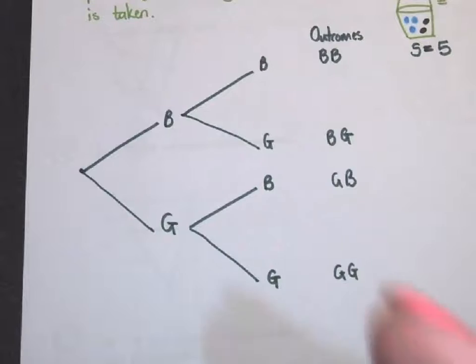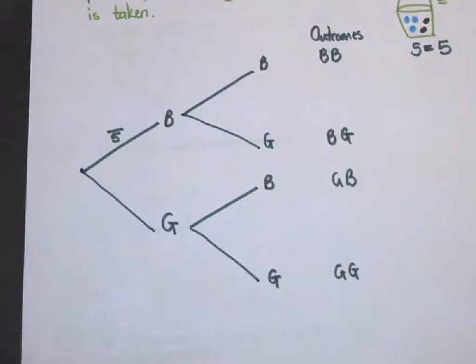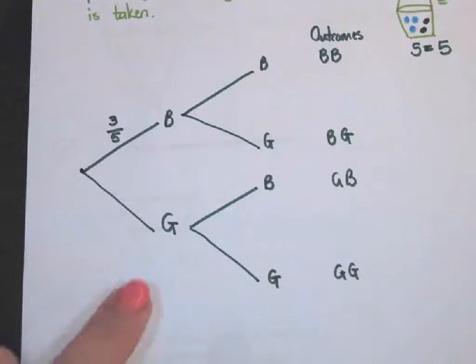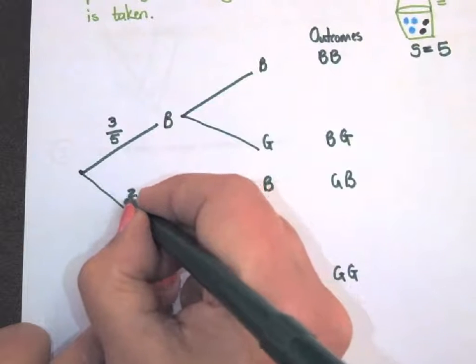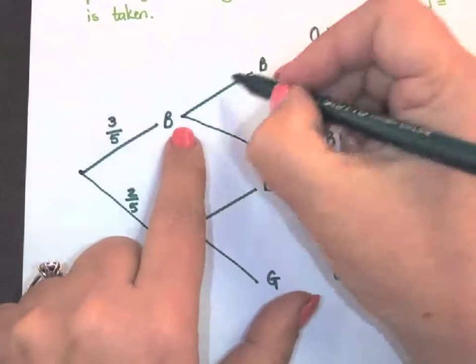How many blue ones out of the 5 do we have? 3. How many green ones out of the 5 do we have? 2. We place them back after we've taken it, so we still have 5 Smarties.